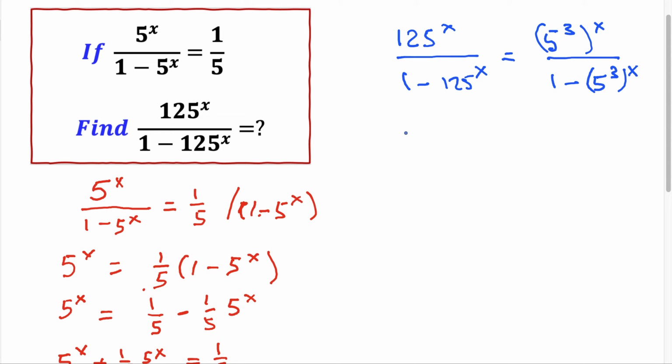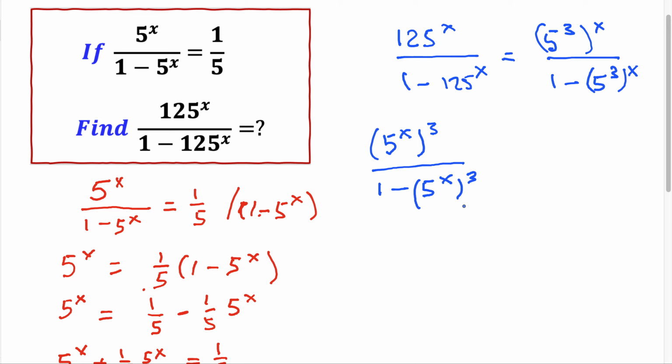And now I can rewrite this in the other form: 5 in exponent x, and everything here is cubed, divided by 1 minus 5 in exponent x cubed, because the commutative property of multiplication works. 3 times x is equal with x times 3, so I can write it in this form, 5 in exponent x times 3.